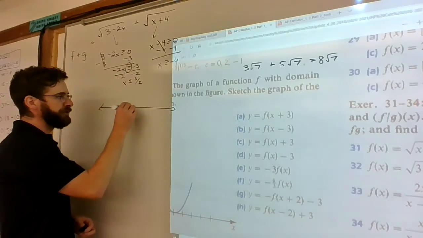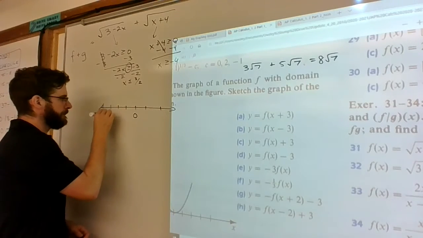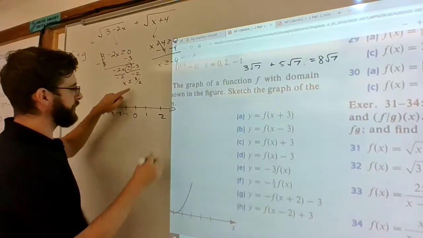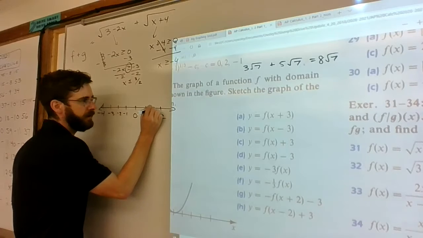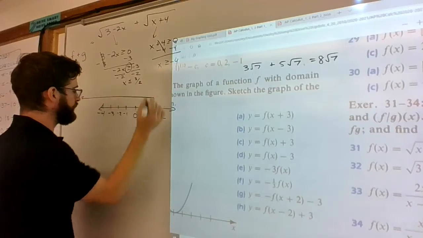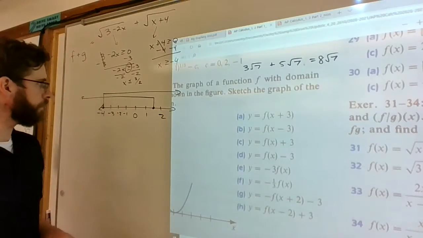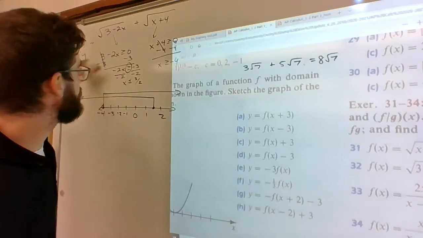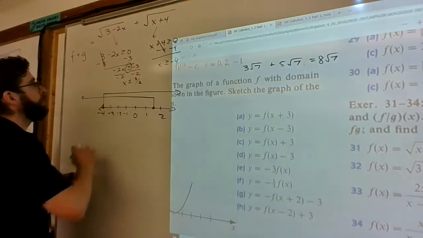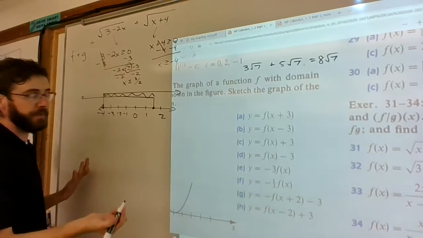If I were to graph those two just to get a quick visual of what's going on, x is less than or equal to 3/2 is going to look like this. x is greater than or equal to -4 looks like this. So its combined domain needs to be only what both parts share. So both parts of the function live right in between here. And that's going to be our domain.